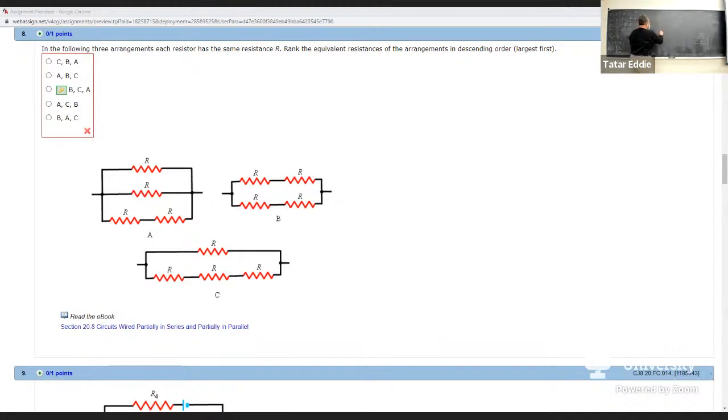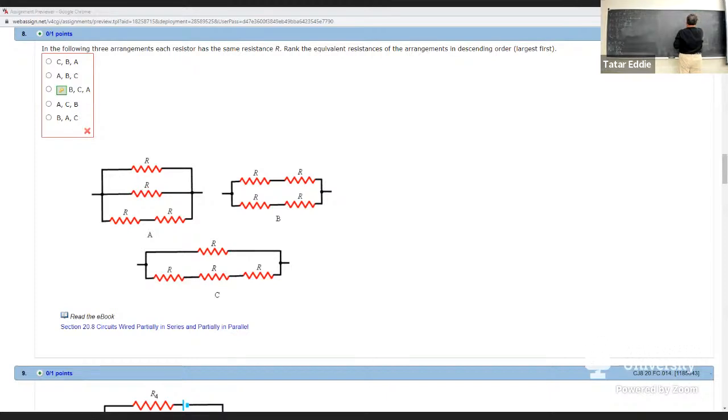Product is R times R, divided by the sum, R plus R. This is exactly R divided by 2. Those are in parallel, so product divided by sum. In other words, this circuit becomes equal to R divided by 2.